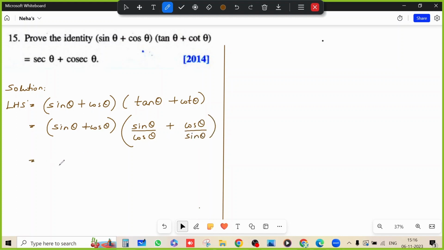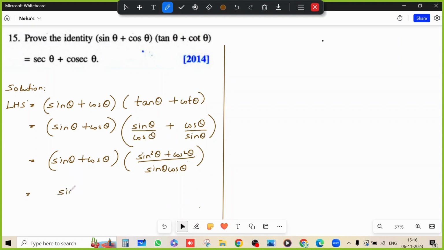Now we will find out the LCM of the denominators in the second bracket. So this will become sin theta into cos theta, and the numerators will become sin square theta plus cos square theta. Now we know by trigonometric identity that sin square theta plus cos square theta is equal to 1.